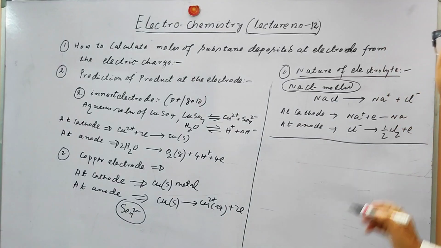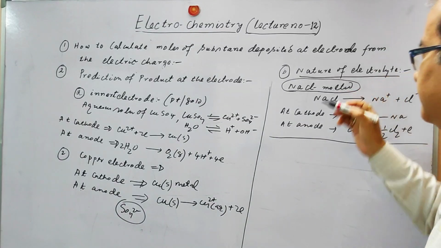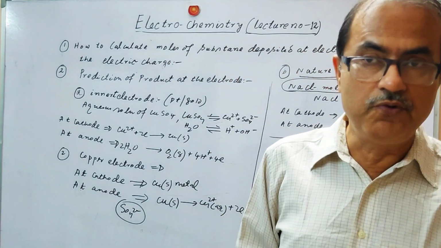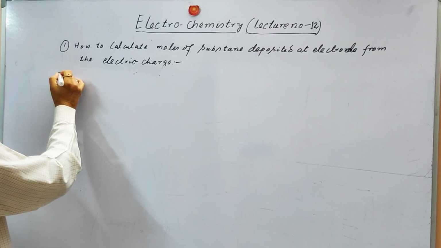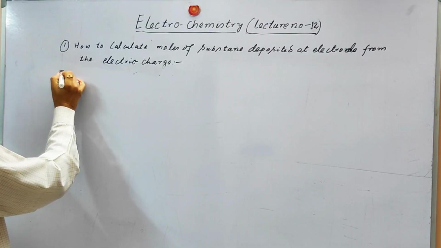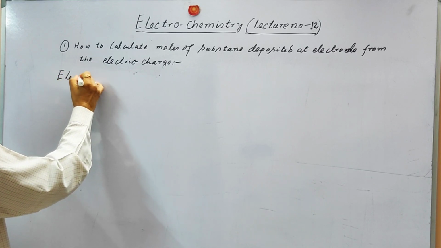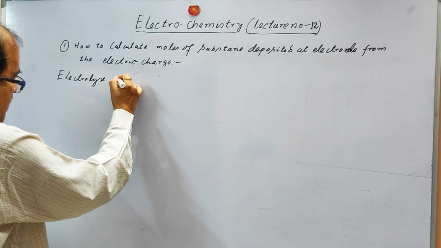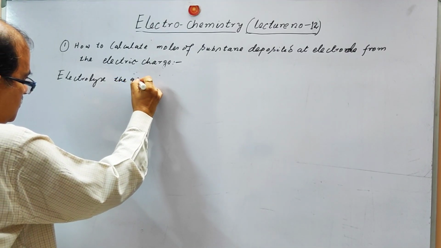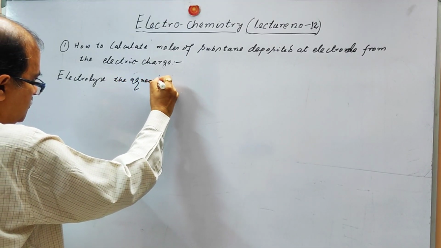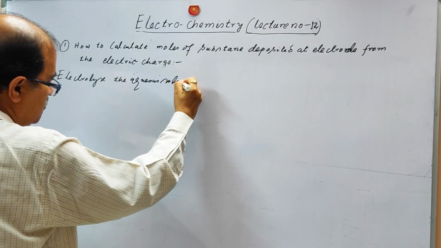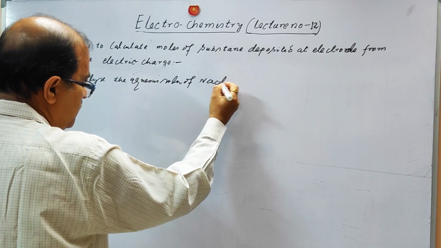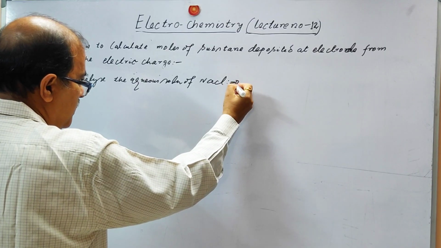In case we are using an aqueous solution of NaCl, what will be the product? Now we are going to discuss. When we electrolyze the aqueous solution of NaCl, you can find the product is different.